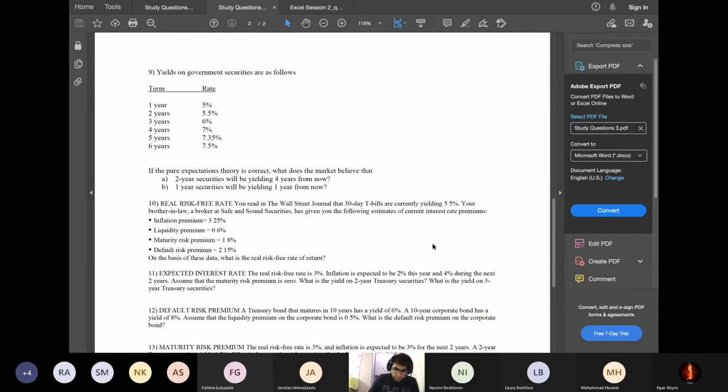So we have 2-year securities 4 years from now. We have overall 6 years. 0, 1, 2, 3, 4, 5, and 6. Our bond will be traded here.